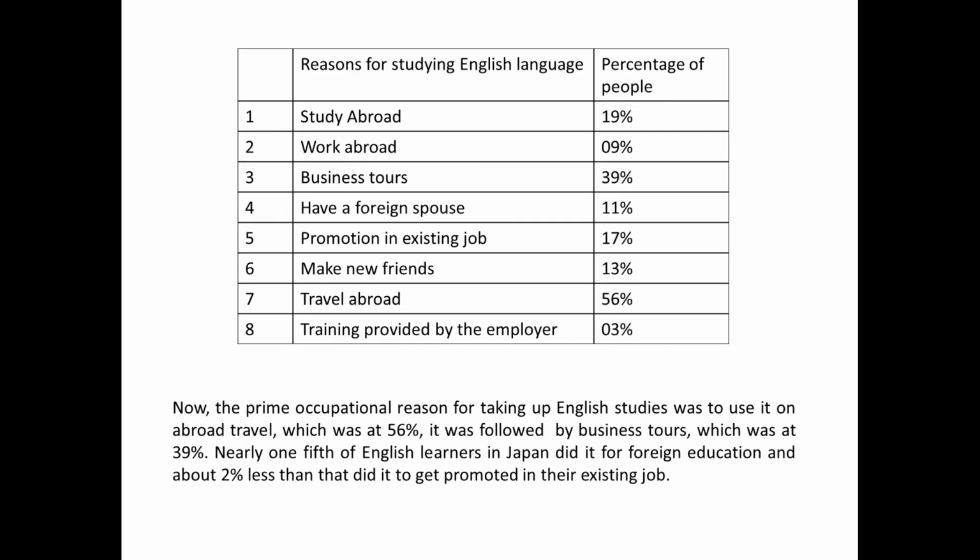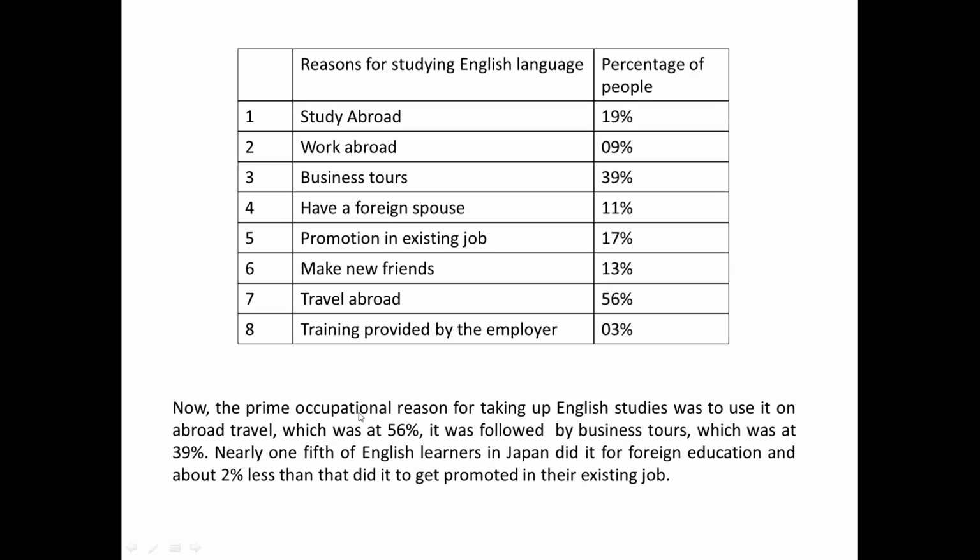So writing a body paragraph is very easy. We have to just explain everything in the graph, like first I'm going to write about the highest percentage, then followed by that, and I group the information like that. So let's see the first body paragraph.